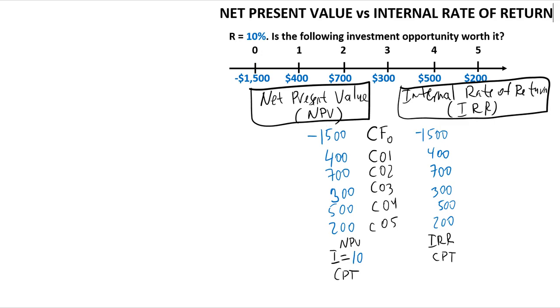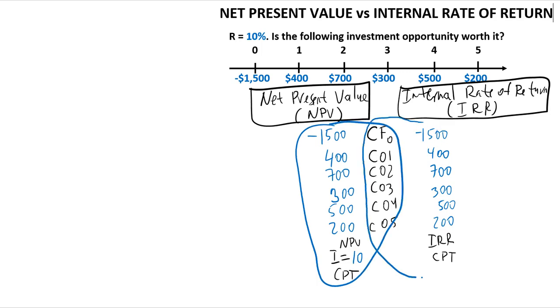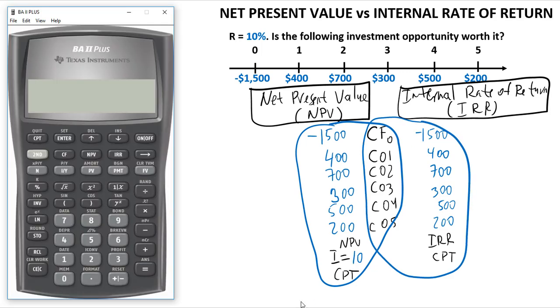So this is what we enter if you want to use the NPV approach, and this is what we instead enter when we are interested in the internal rate of return. Okay, let's turn the calculator on and first calculate the net present value, the NPV.